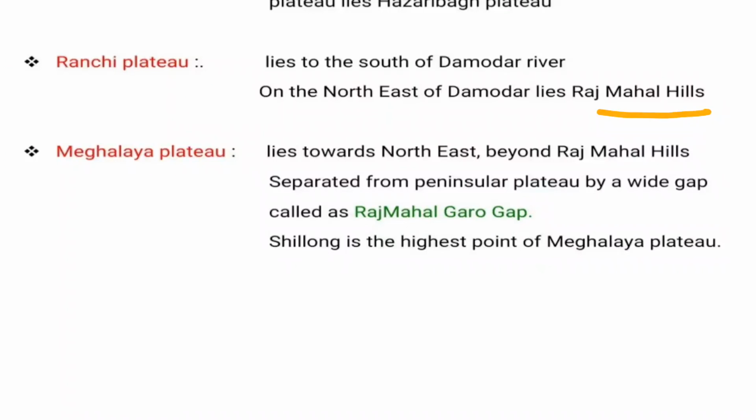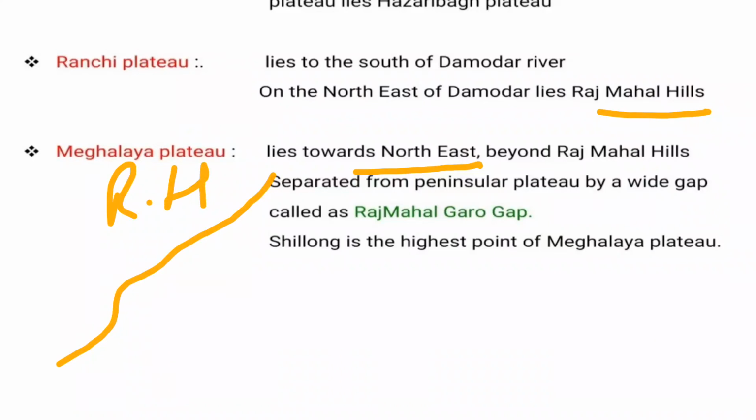Now what about the Meghalaya Plateau? Meghalaya Plateau comes under the Eastern Plateau, but in actual sense it lies in the northeast region, and it lies beyond Rajmahal Hills. You see that this is the map, and here is Rajmahal Hills, right? And this is the northeastern part, fine.